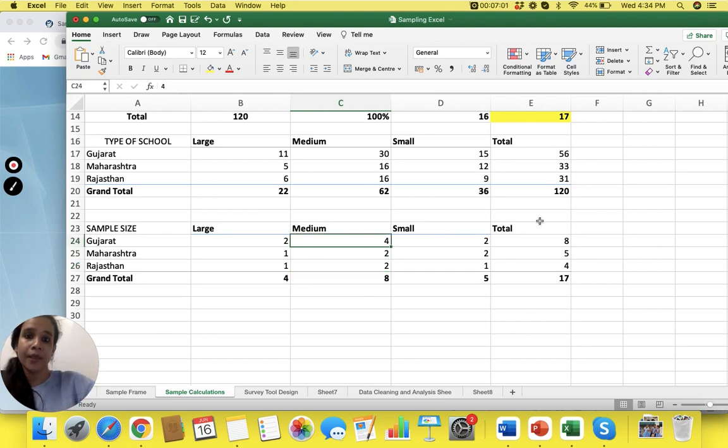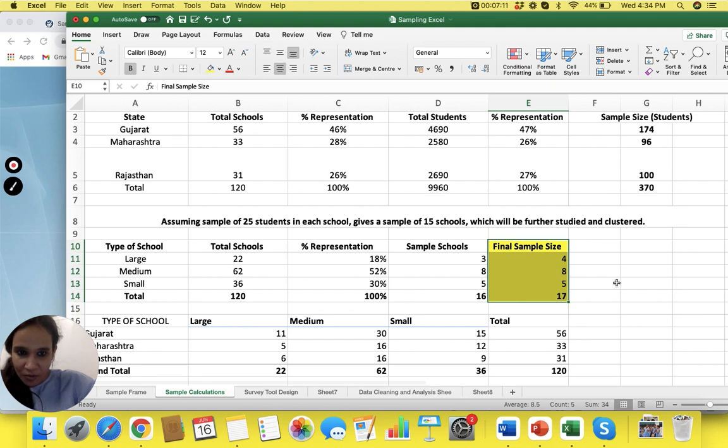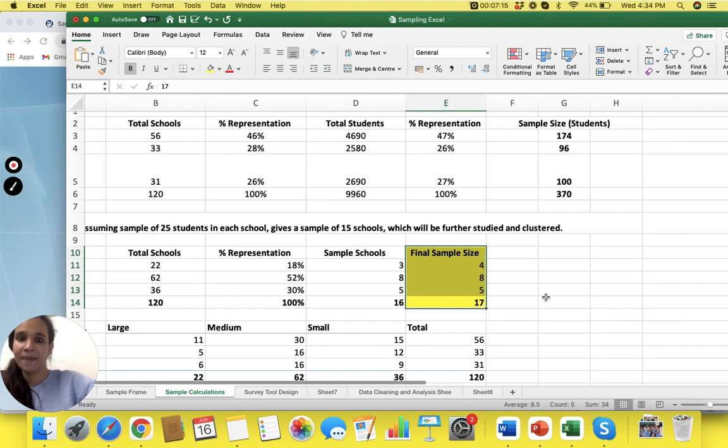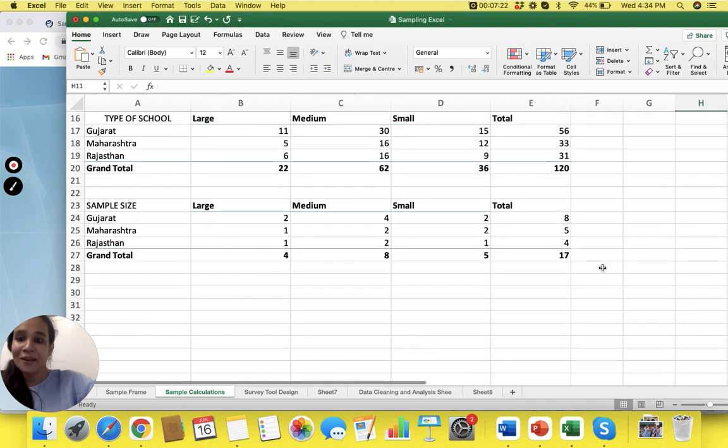And again, looking at the sample size, in Gujarat we take 2, Maharashtra 2, and this one. So now we know we have to take around 17 schools, and we're going to have a sample size according to states in this way. And then we will start deep diving and preparing our respondent lists.